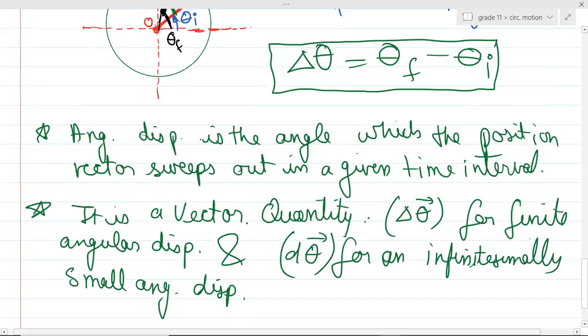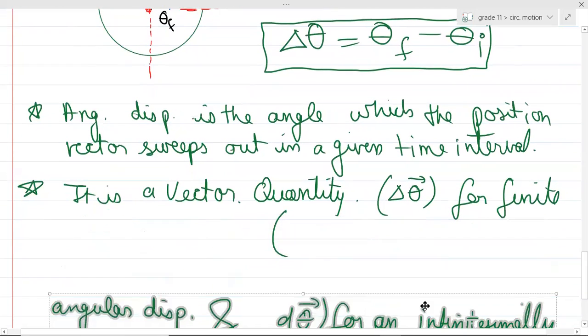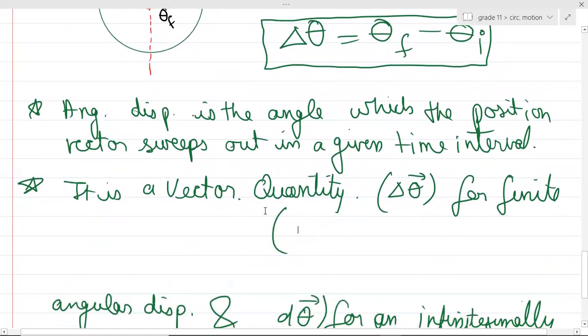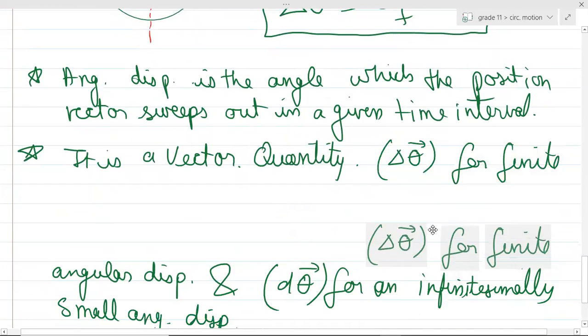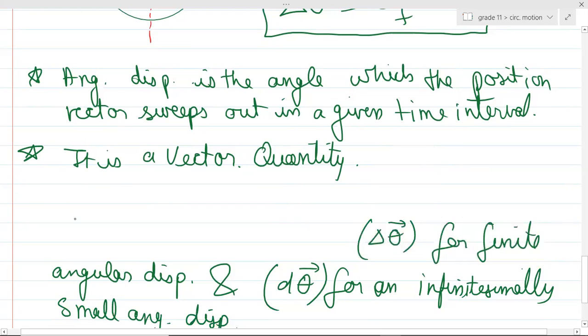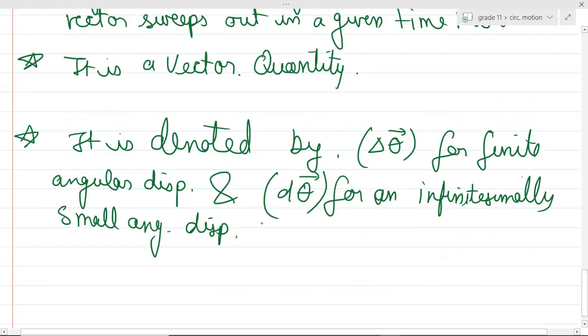Okay, please remember. If you don't want to write this, you can write this in the next point. It is denoted by delta theta for finite angular displacement and d theta for infinitesimally small angular displacement.